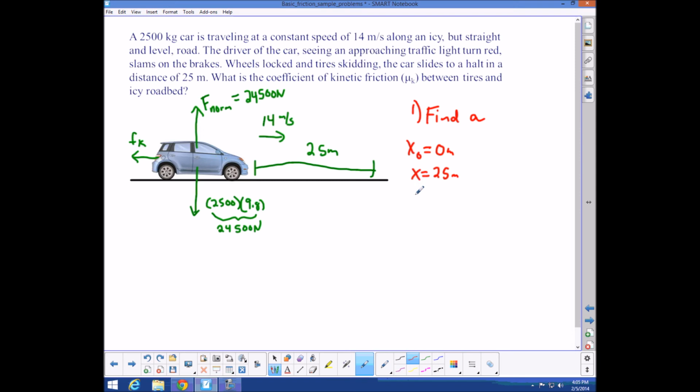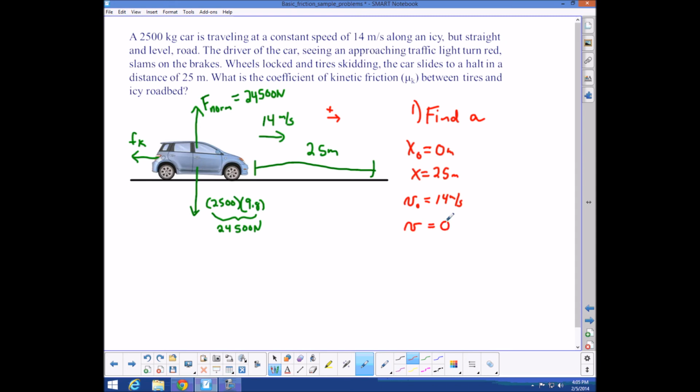So since we know that it traveled 25 meters from its starting point, the easiest thing to do is to set the origin to where the car starts. We know that the car starts with a velocity of 14 meters per second. Again, the way that I've set this up, saying that the velocity is positive and also saying that the final position is 25 meters bigger than the starting position, I'm setting this up so that the right is the positive x direction.